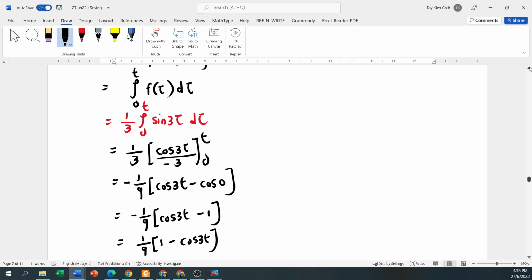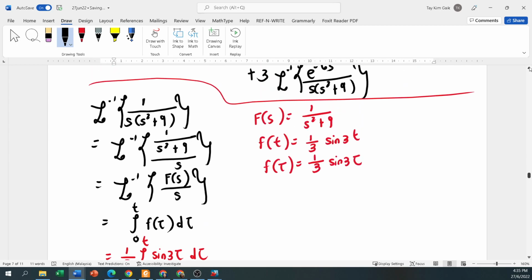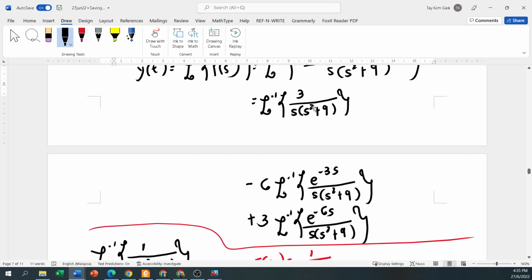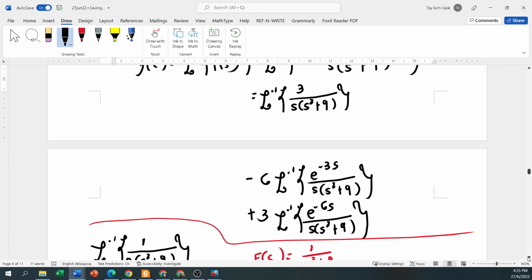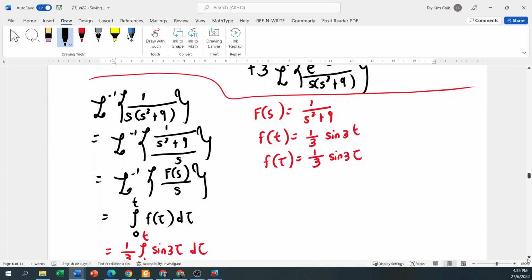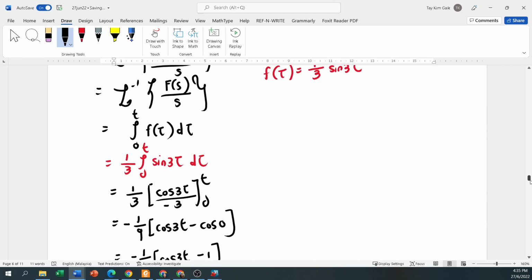So for the first term in y(t), this is 3 times. What we used is one time, so multiply by 3.